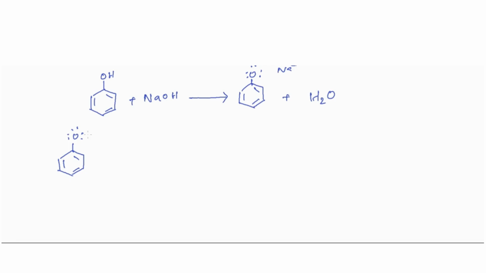For example, here it will undergo resonance like this. You know how to rotate the electrons in a sequential manner, like this, and again you rotate like this. You can draw the resonance structures.